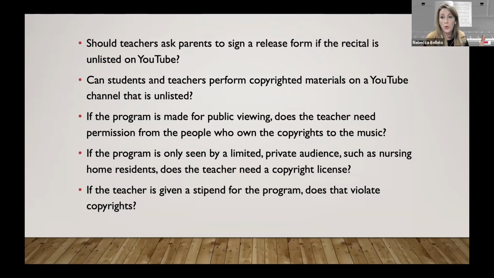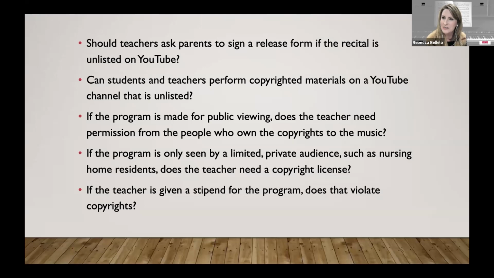When you open it up for public viewing, so it's available for everyone, then we do consider that a public performance of music. And that is where you might want to consider getting a music license from ASCAP or BMI.